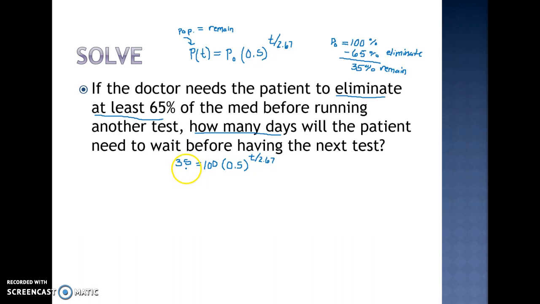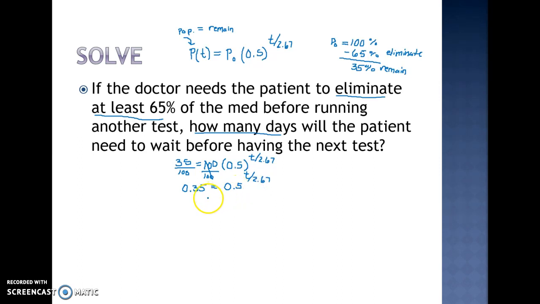From here, the math is very much like it was in the previous problem. So I start by dividing by 100 to try to get t by itself. So this is always my first step, is dividing by that initial population. These cancel. And I have 0.35 is equal to 0.5 with an exponent of t over 2.67.